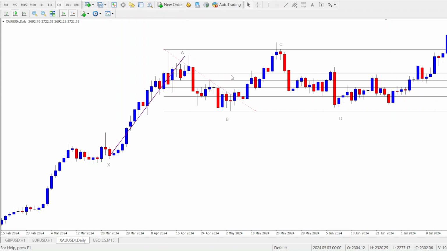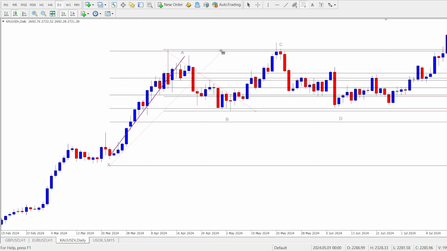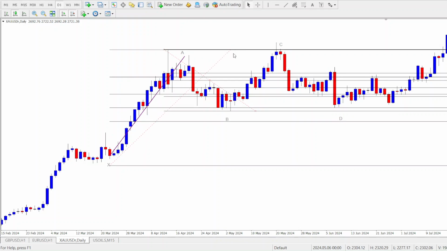So point D should be an extension of about 78.6% of XA. That is where you should have your point D.